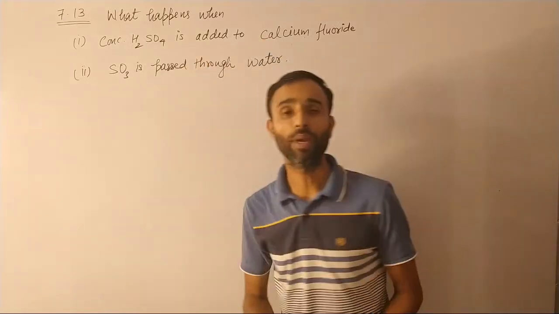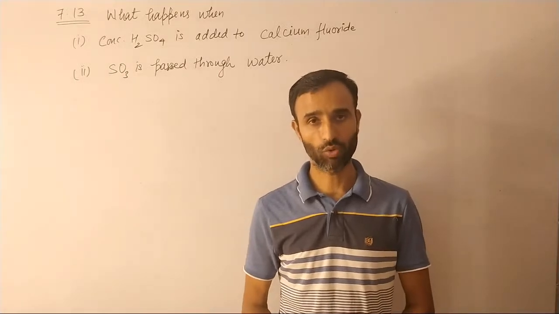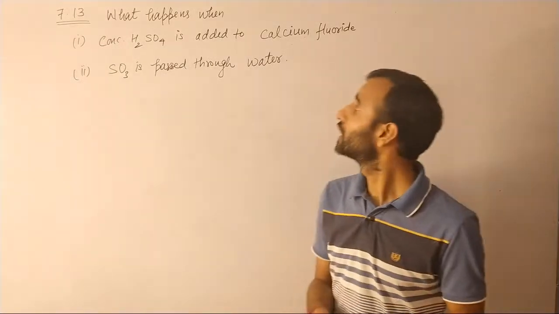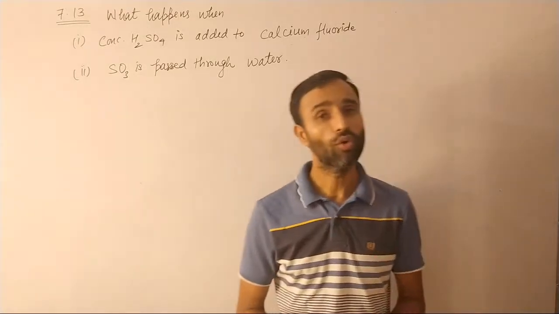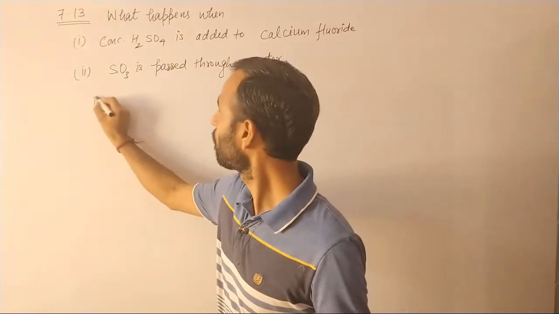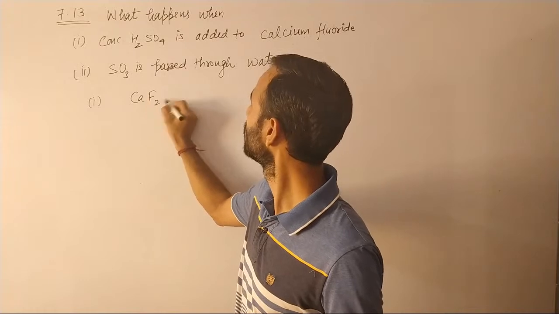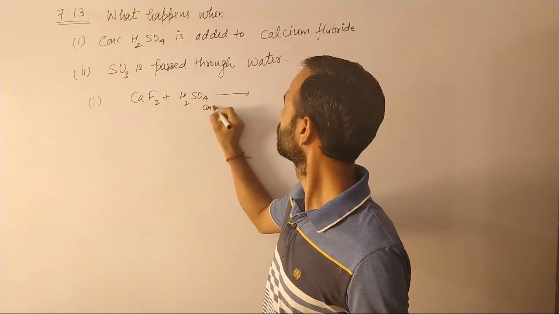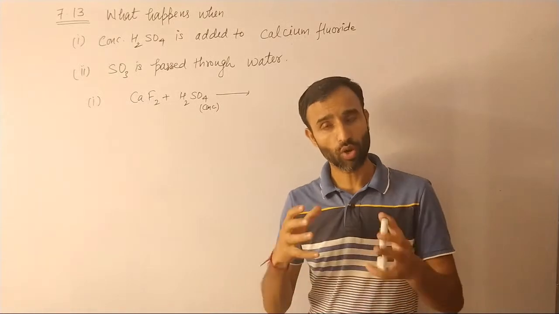Okay, so we have these two questions. This question 13 has two parts: what happens when concentrated H2SO4 is added to calcium fluoride, and SO3 is passed through water. So you know, concentrated H2SO4 when passed through calcium fluoride, and you know H2SO4 is associated through hydrogen bonding.